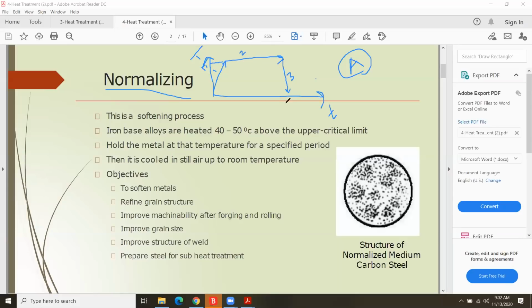Now the third stage, the cooling process. Here, that steel is allowed to cool to a specific temperature, but that specific temperature should be room temperature, right? So that means the steels are allowed to cool at room temperature, right?